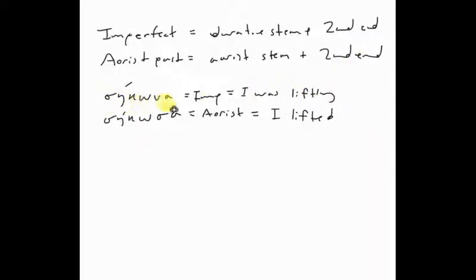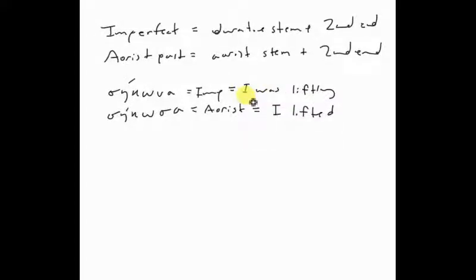Sikona, because of the durative stem, shows that at some point in the past, lifting was taking place. It was taking place in the past over a span of time. And in the sentence where sikona appears, there is no evidence during that past time that the action ceases.